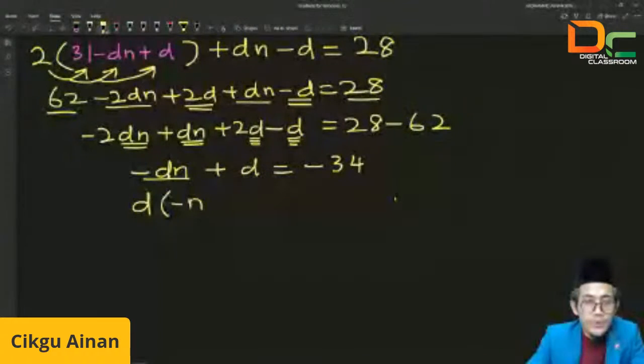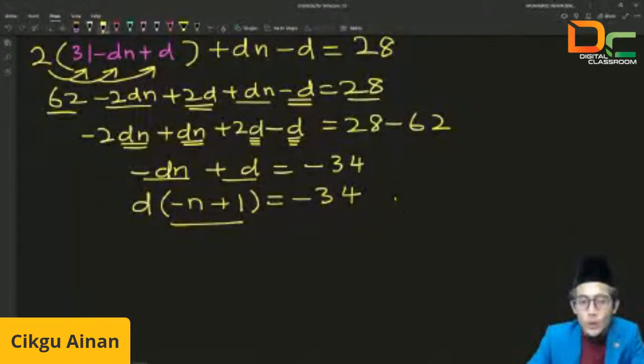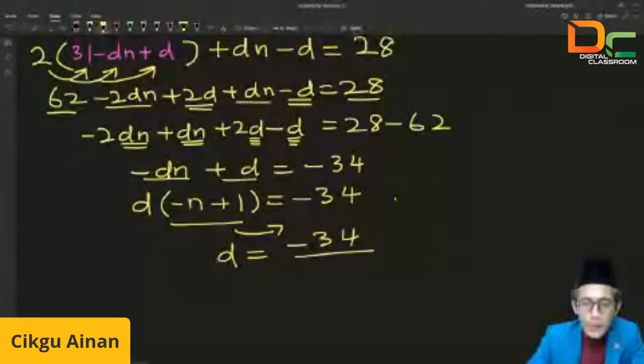Minus n. We took positive 1 from positive d. And then minus 34 over there. Now we can move this bracket over to the right hand side. So d equals minus 34 over minus n plus 1.